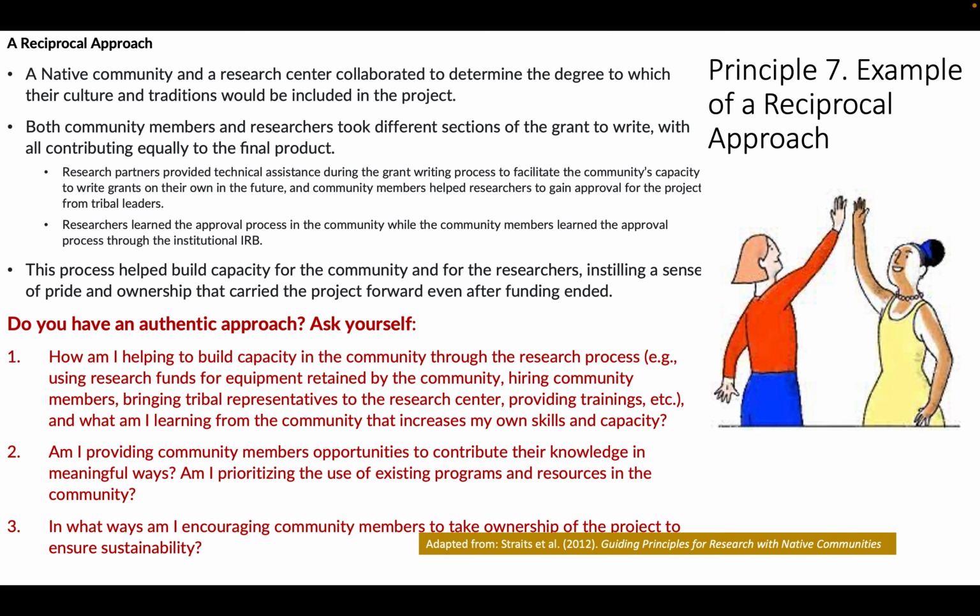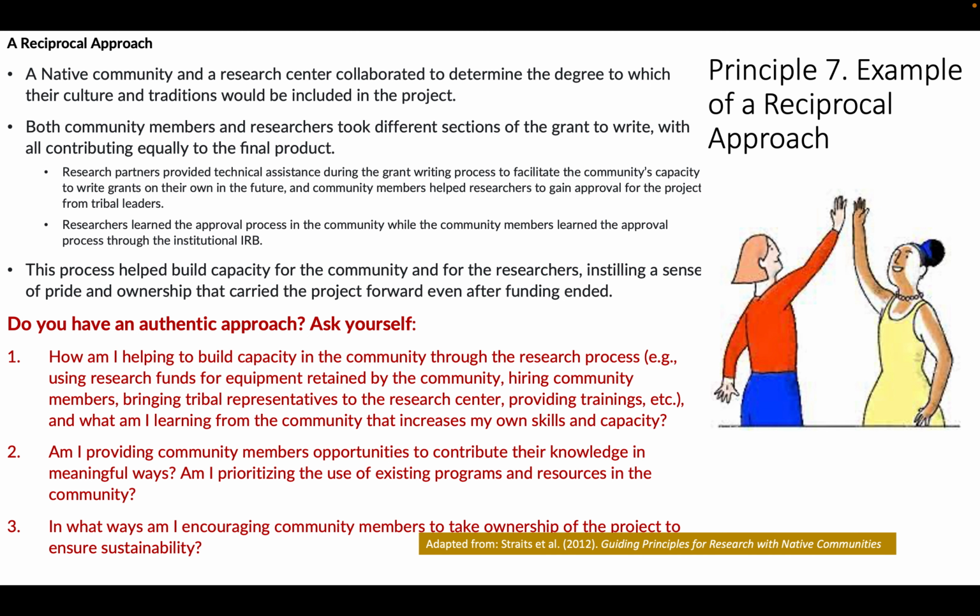Researchers learn the approval process in the community, while the community members learn the approval process through the institutional IRB. This process helped build capacity for the community and for the researchers, instilling a sense of pride and ownership that carried the project forward even after funding ended.